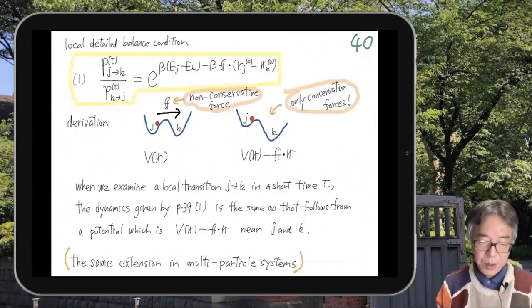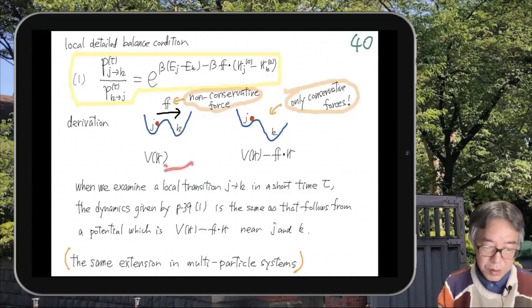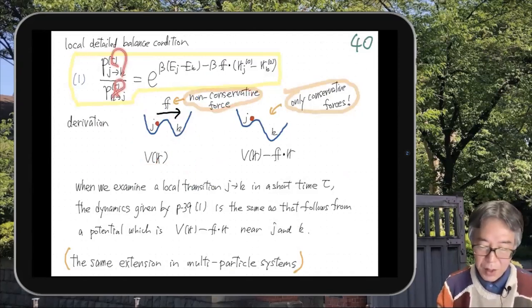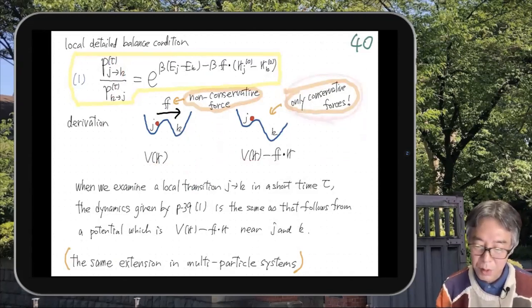So this is the picture. What we want to consider is this situation: you have this potential and a non-conservative force. But if tau is short enough, this is equivalent to this situation where we only have conservative forces.